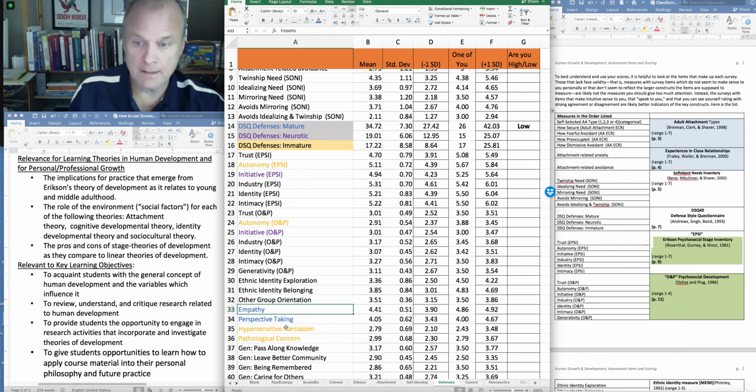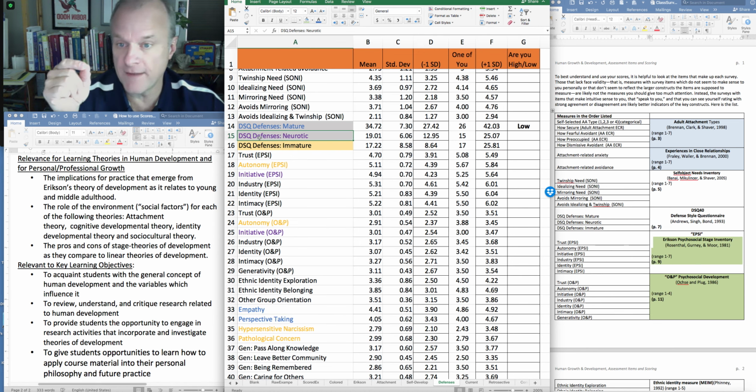The capacity for perspective taking and empathy are dependent upon the foundation of these earlier developments of autonomy and initiative, and they're critical for intimacy as well as identity development, but definitely intimacy.